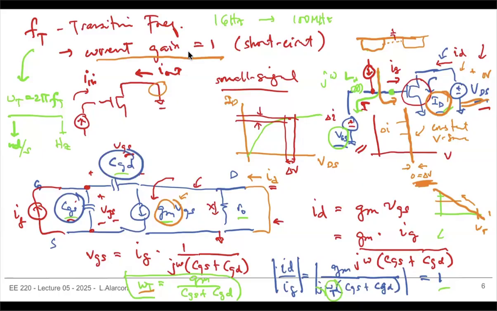So the amount of parasitics in your transistor determines how fast your transistor can operate. That also plays into how I will lay out this transistor to reduce these parasitics, to get this particular frequency, or to meet this particular bandwidth requirement.